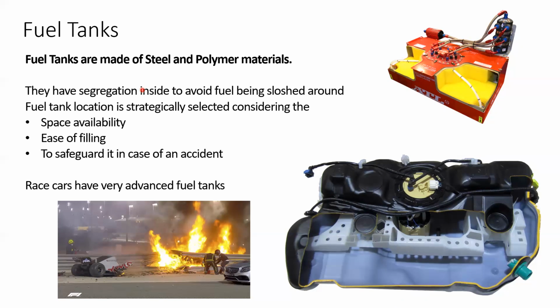The reason being, it should be in a very secure location, because in case of an accident it should not rupture and the fuel should not leak out, causing a catastrophic issue later on, like a fire. So fuel tanks are mostly situated near the middle of the vehicle as much as possible. But in most cases they have to consider space availability, ease of filling, and safeguarding in case of accident.